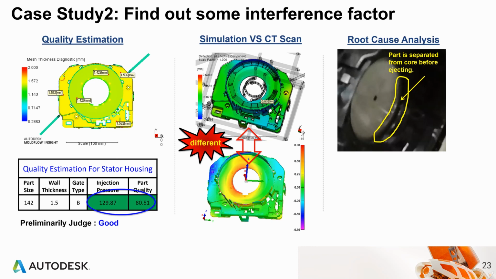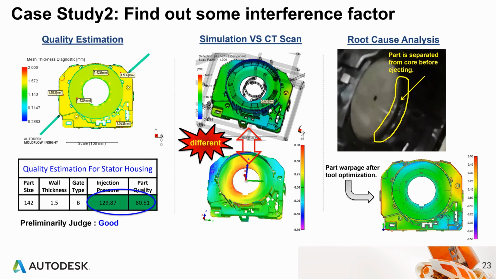It means that the release force from the cavity side is too high. In order to improve the problem, we added some ejectors on the cavity side. After that, the warpage is bad and is consistent with the simulation results.